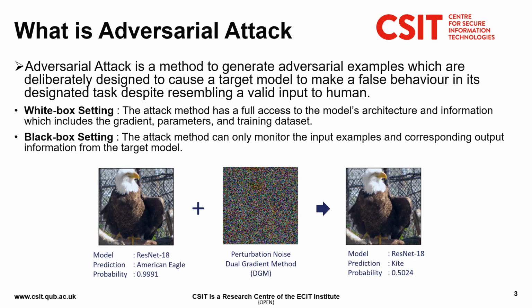In white box setting, the attack method has full access to the model's architecture and information, which includes the gradient, parameters, and training data set. But in black box settings, the attack method can only monitor the input examples and corresponding output information from the target model.